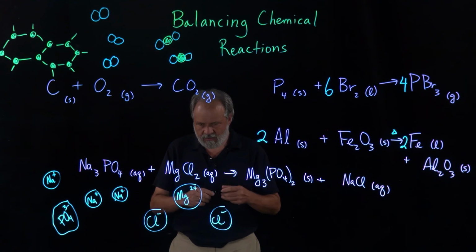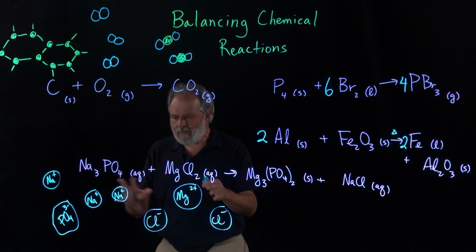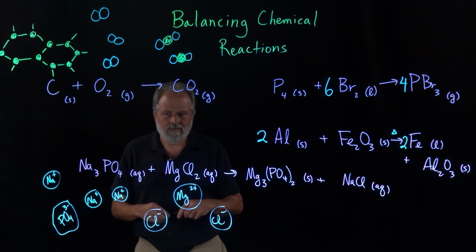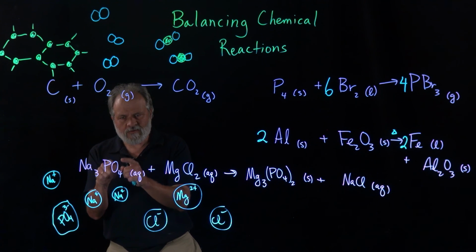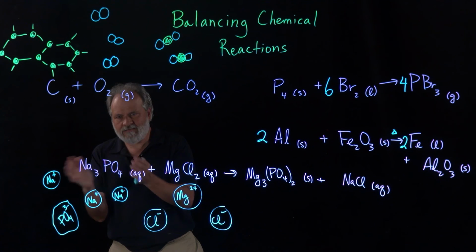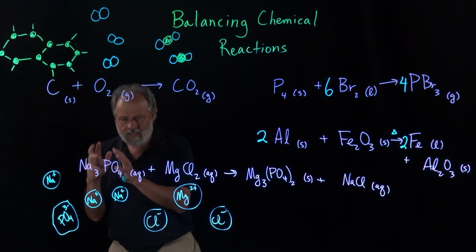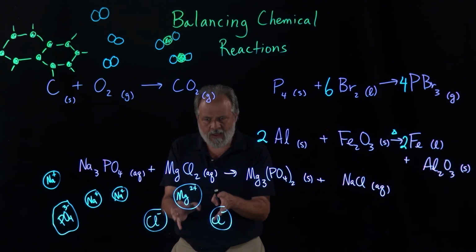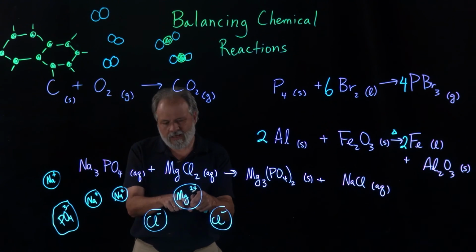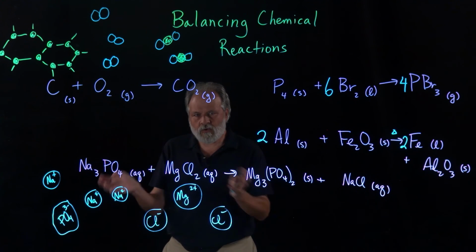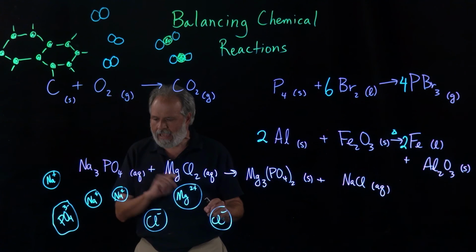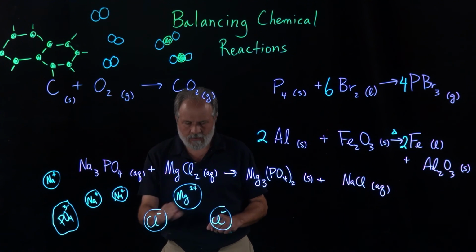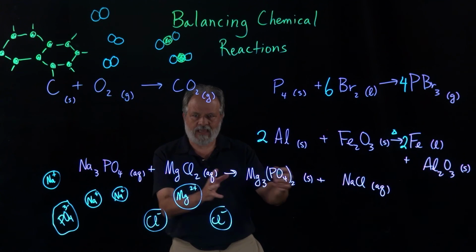So what we need to do is figure out, okay, there's maybe new ion combinations that are possible. Here, sodium cation combined with phosphate anion, that was the only positive-negative combination possible in this solution. And this is the only possible combination in this solution, magnesium 2+ and chloride. However, once I mix them up, now magnesium 2+ can see phosphate, and sodium can see chloride. Okay, and so that's what this reaction is saying.